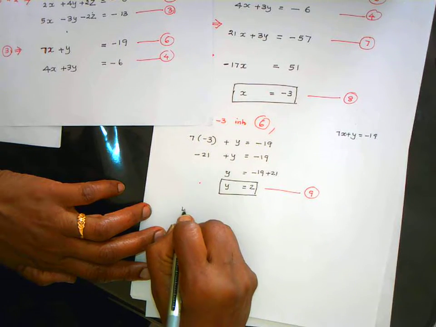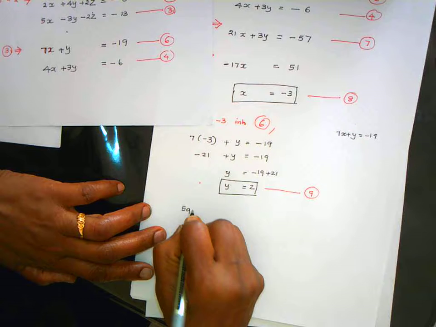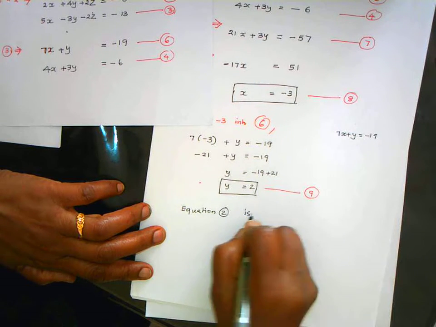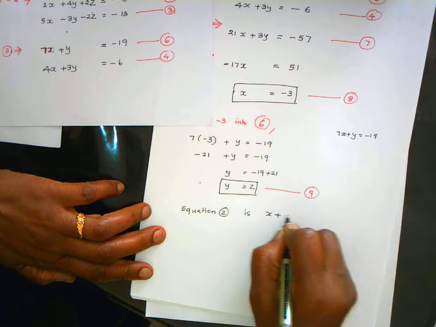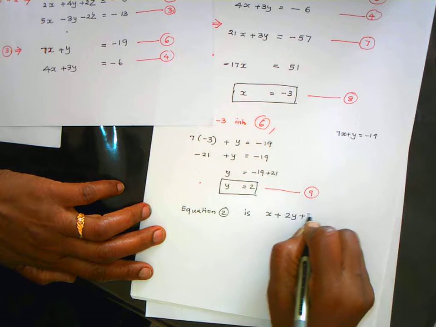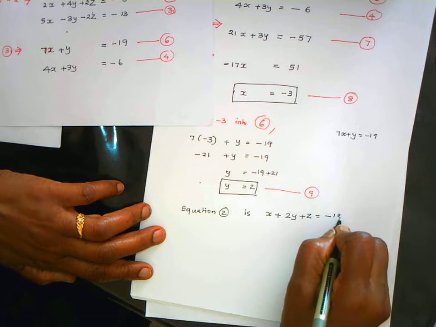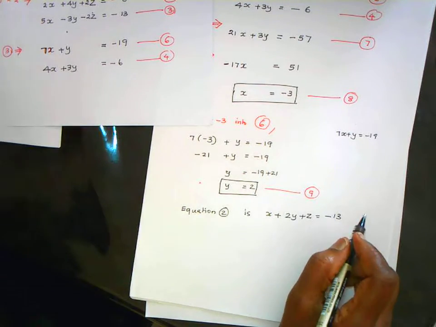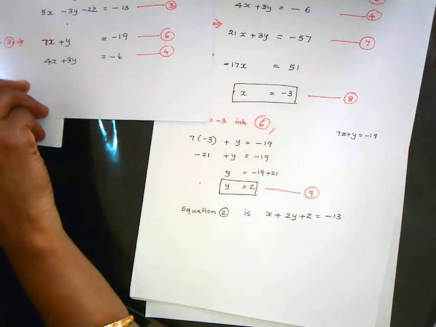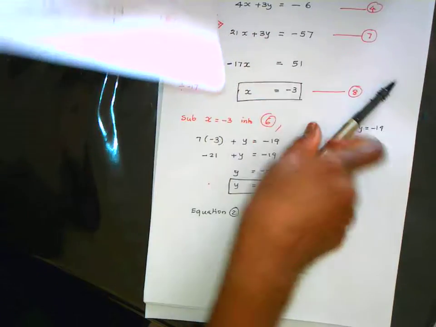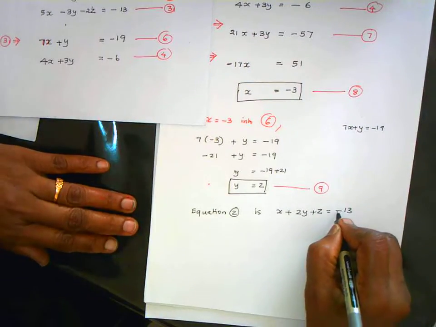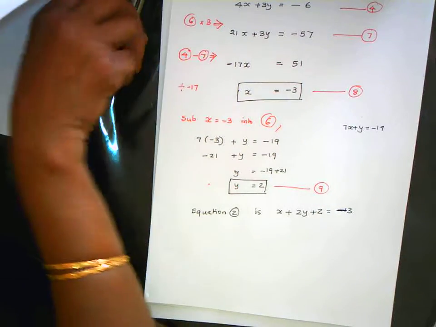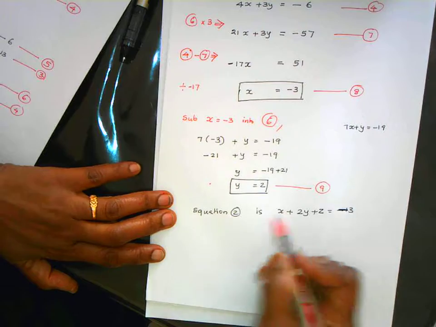Equation 2 is x plus 2y plus z equal to minus 3. I'm rewriting it so that it's clear.